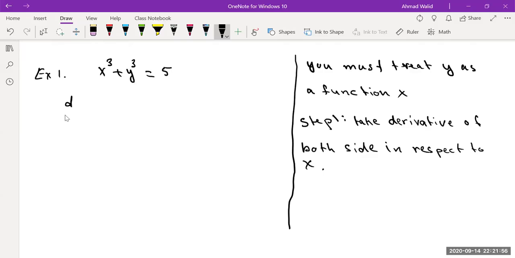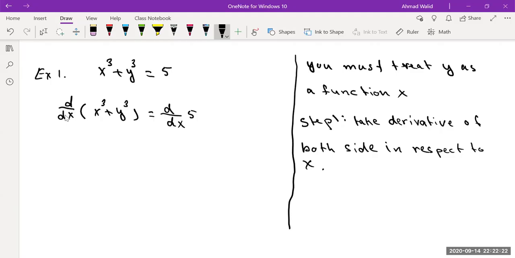It means d over dx of x cubed plus y cubed equals d over dx of 5. It's actually the equation rule, right? Whatever you do on the left side, you can do the same thing on the right side. If you take the derivative of the left side, take the derivative of the right side also, correct?